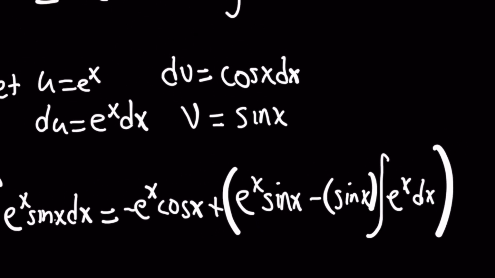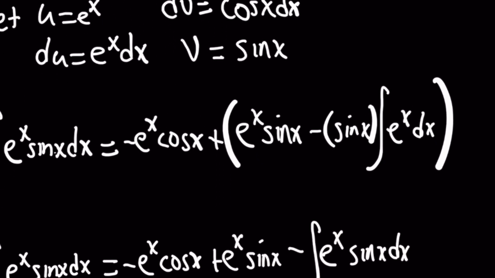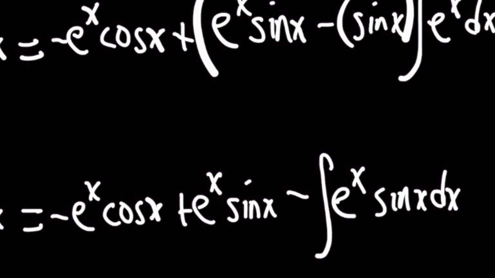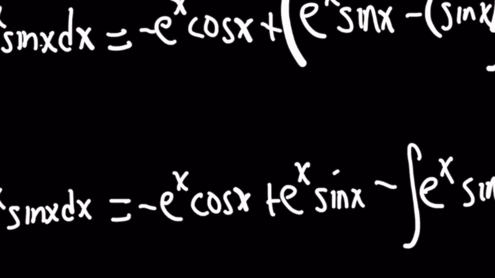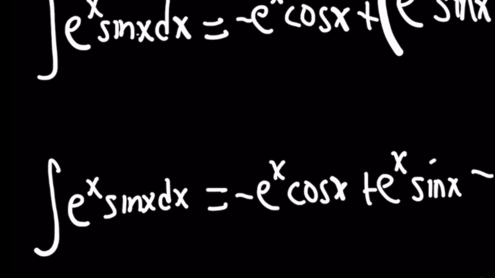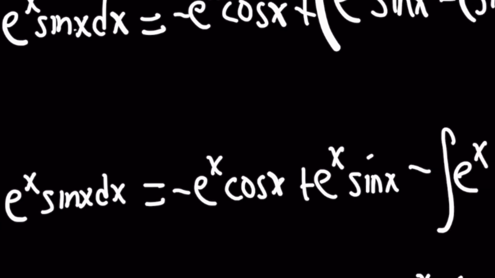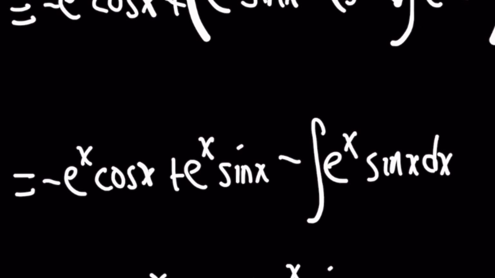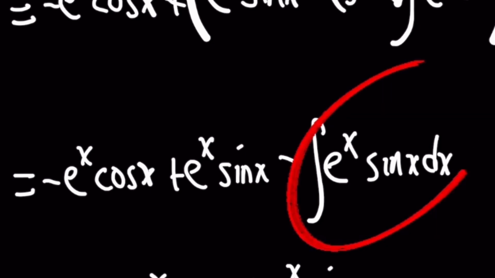I know I said dv earlier, it's actually du. When you substitute all that in as we did above and simplify everything, you're going to be left with the original problem on the left-hand side, the integral of e to the x sine of x dx, equaling negative e to the x cosine of x plus e to the x sine of x minus the integral of e to the x sine of x dx.